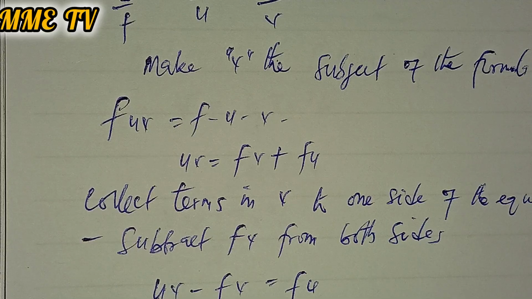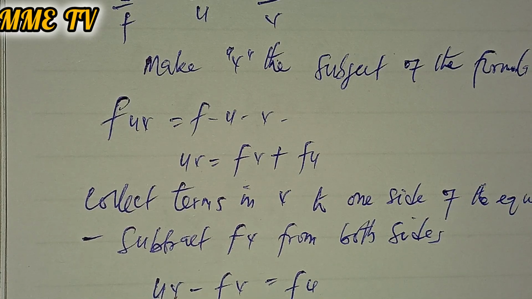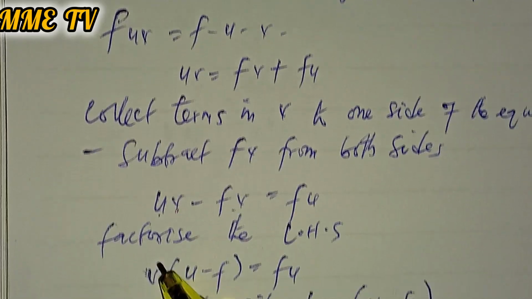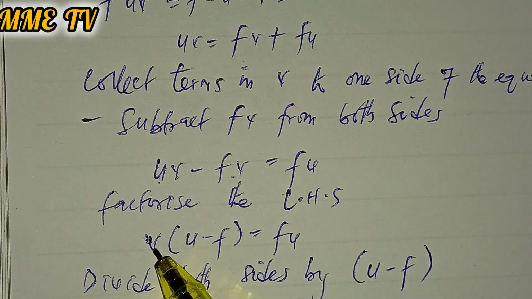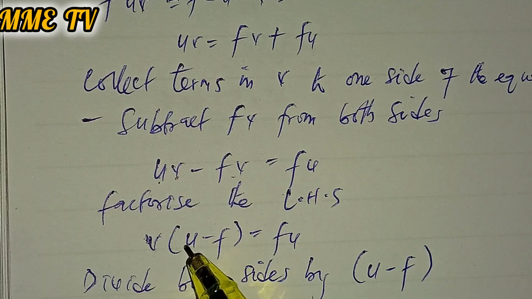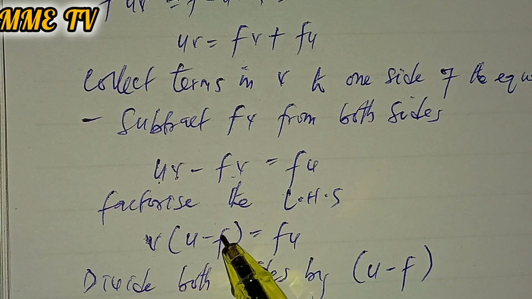When you look at the terms that are here, you will see that there is a common term here. What is the common term? V is here, V is here too. So therefore, in doing this factorization, we are going to bring out the V outside. Bringing it outside means that we'll be having in brackets u minus f.